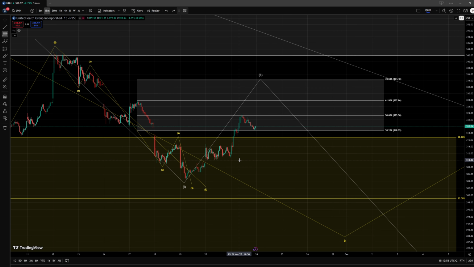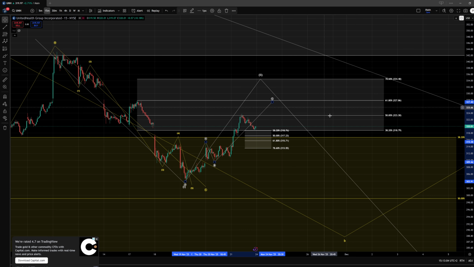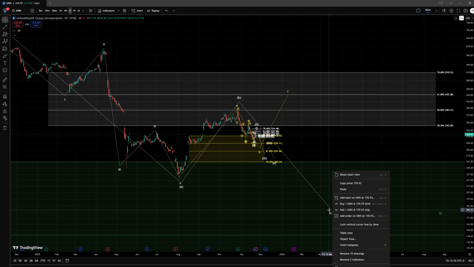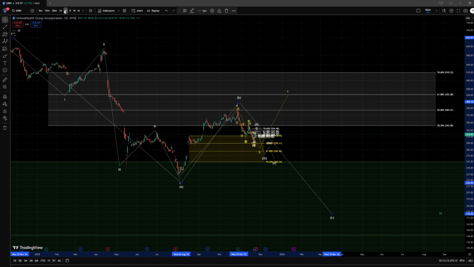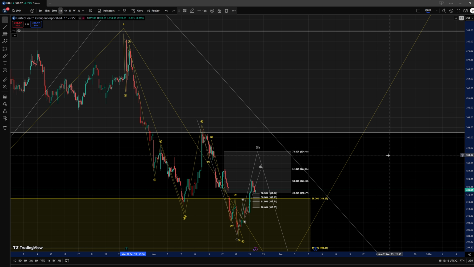Now, once we actually get this pattern complete to the upside in an ABC, I do need to warn you that there is a significant risk that this entire structure may break down directly into the large wave C, the large time frame perspective to the downside. This could be unfolding, although even in the yellow scenario, we do have the possibility for extensions.